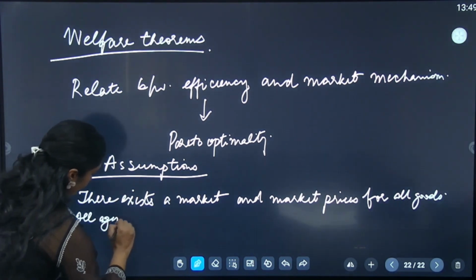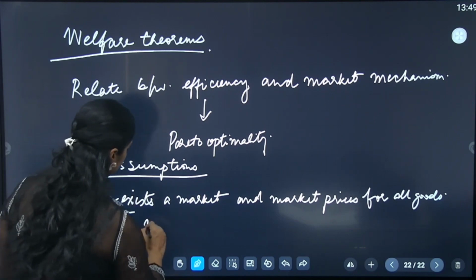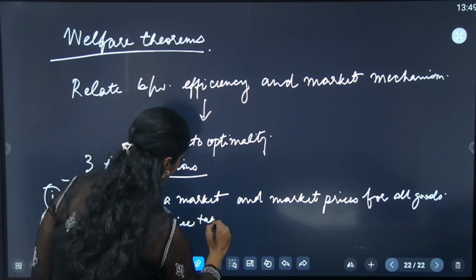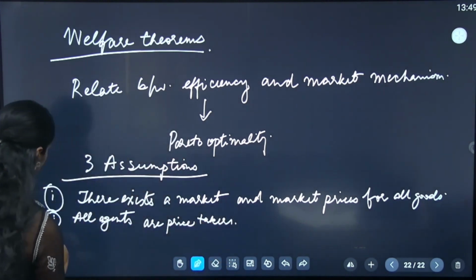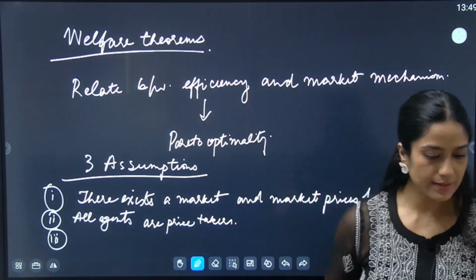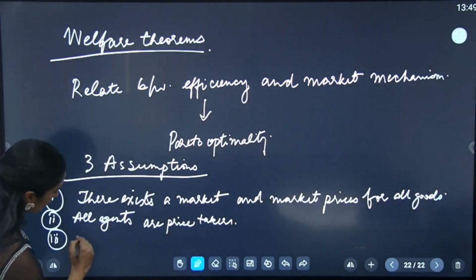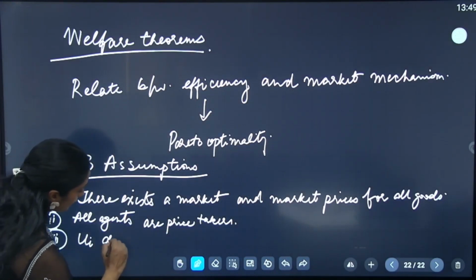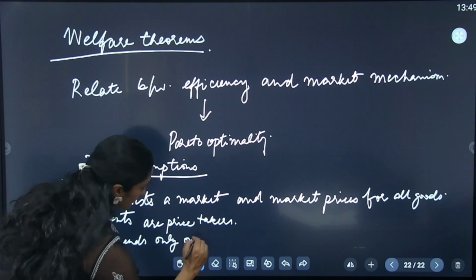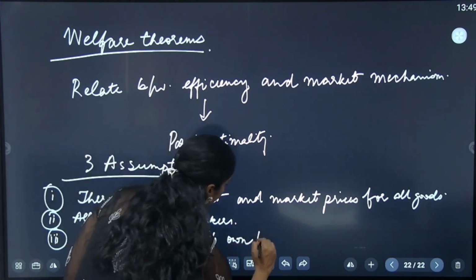So in this case, we are saying that neither Rahul nor Fiza can affect the prices. All right. And the third assumption says that each person's utility, U_i, depends only on i's own bundle.